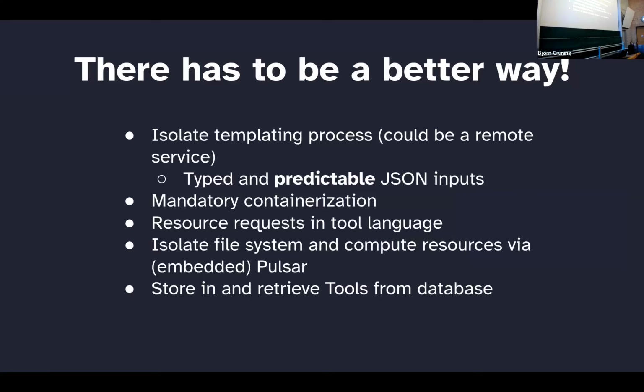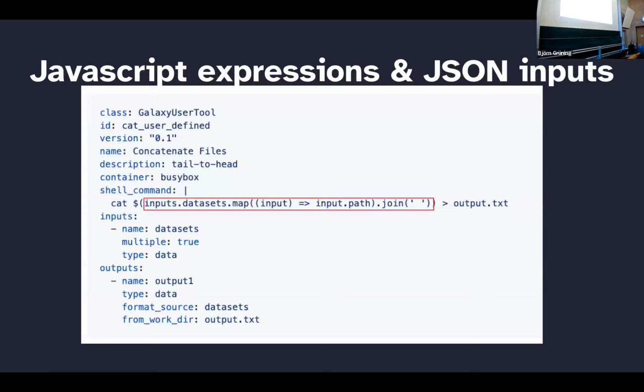And that's better than the alternative we currently have because it's portable. We have Pulsar, which already allows isolating things nicely, so users don't have access to even read-only versions of everyone else's data. And we can store and retrieve tools from the database. We already have that functionality thanks to John Show.